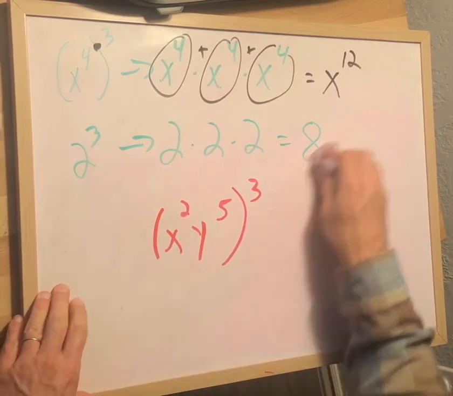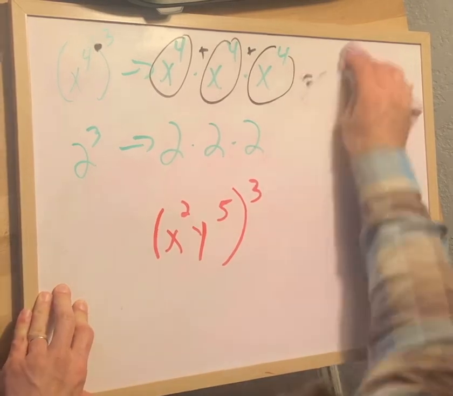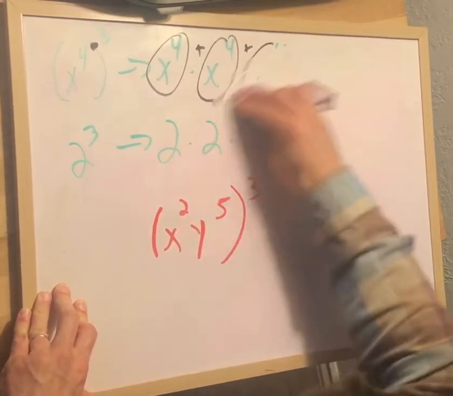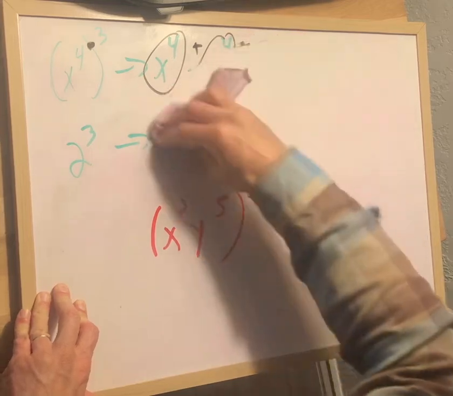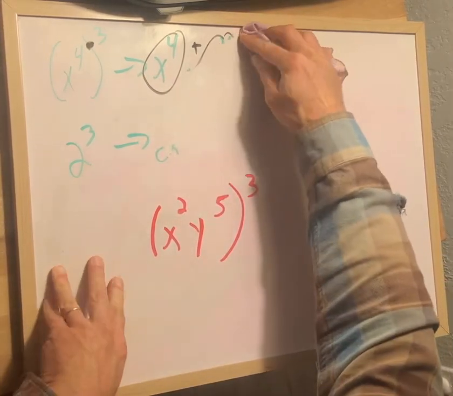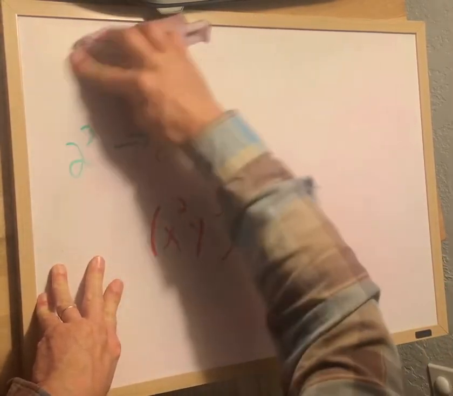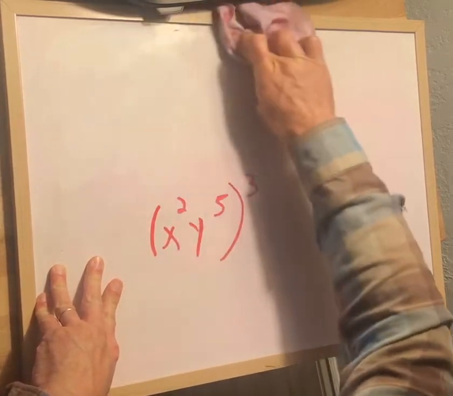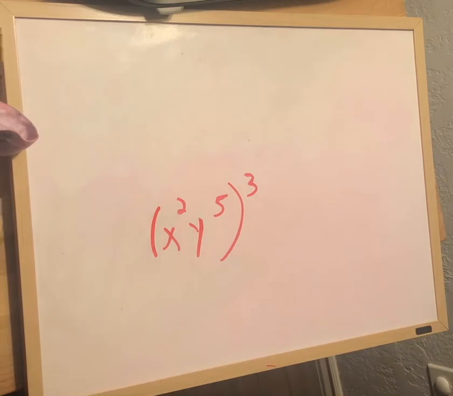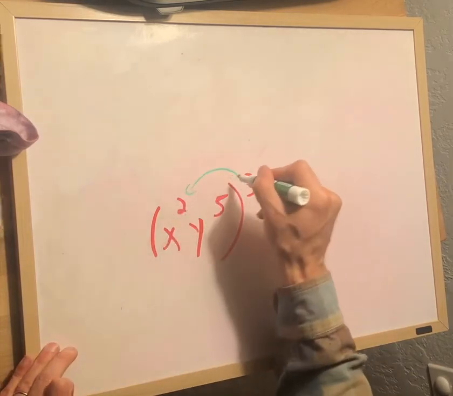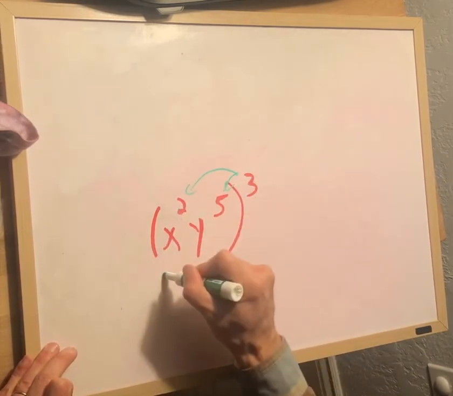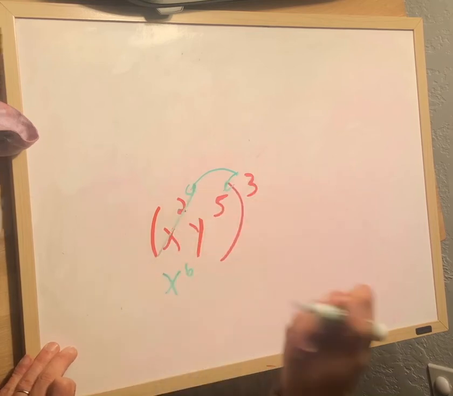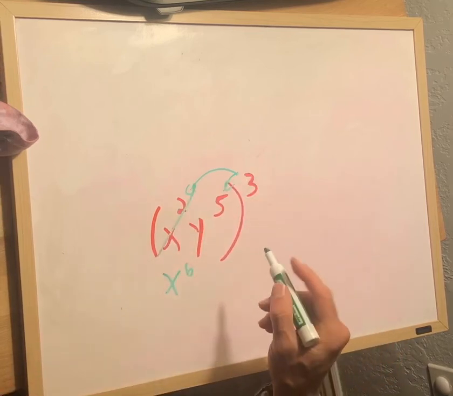All right, so if you paused the video, you should have probably been able to see that this is going to give you x to the 6th, y to the 15th. The reason why is the shortcut I just showed you. Whenever you have exponents outside, you have to distribute this to both of these. 3 times 2 is 6, and I like to cancel it out after I'm done, so I know what I have left to do.